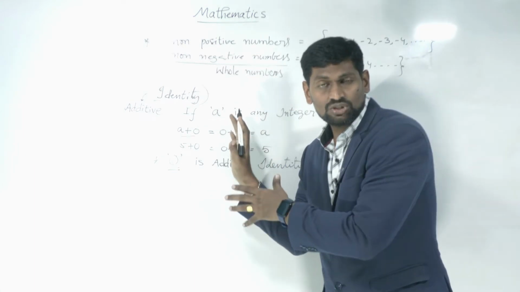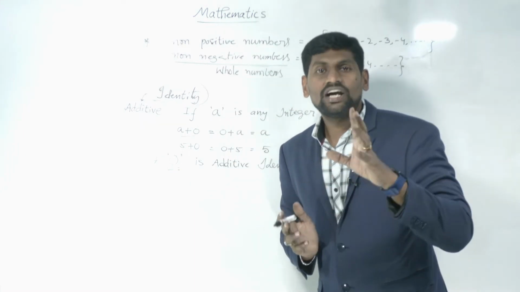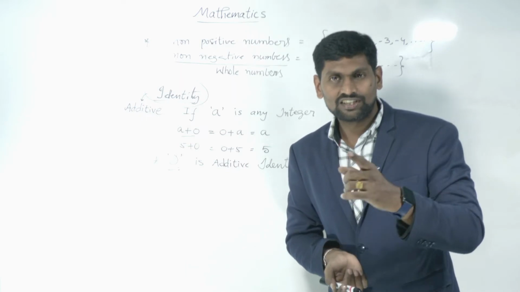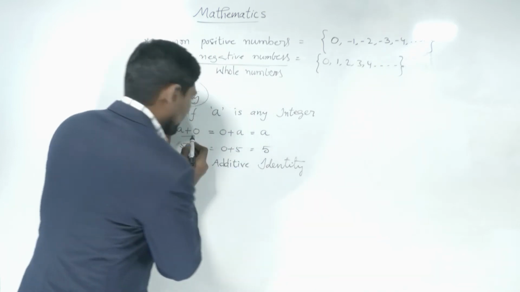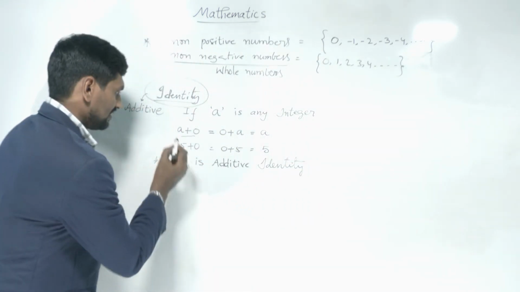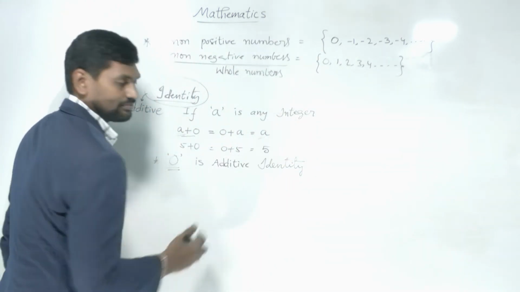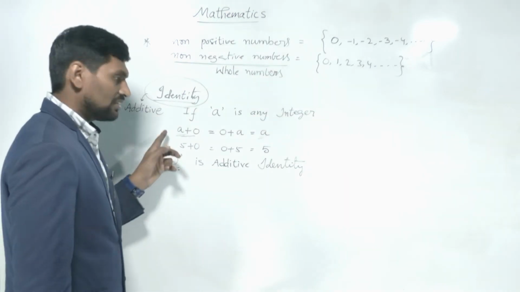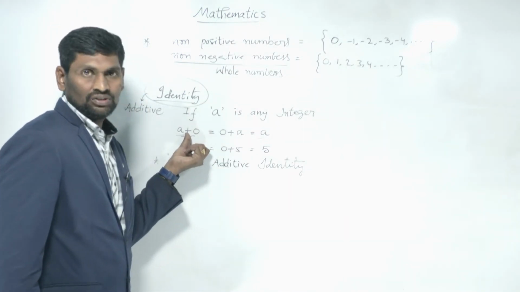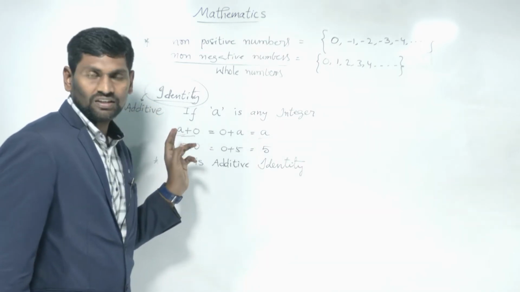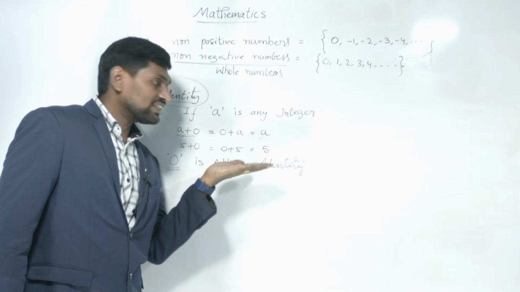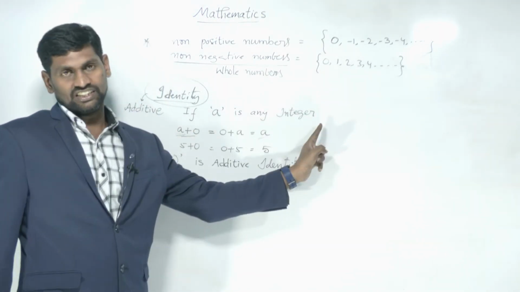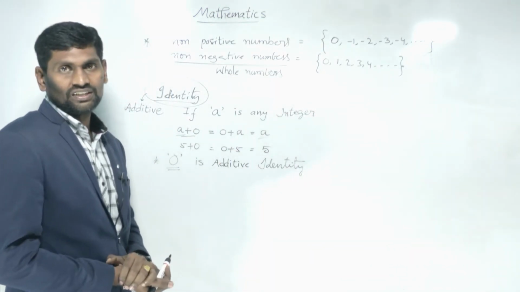So that's why 0 is called the additive identity. Am I right, children? That means for remaining A as it is, with addition of 0 or subtraction of 0, whatever, it is giving its identity as it is. So for that, 0 is helping to maintain its identity. So 0 is called the additive identity.